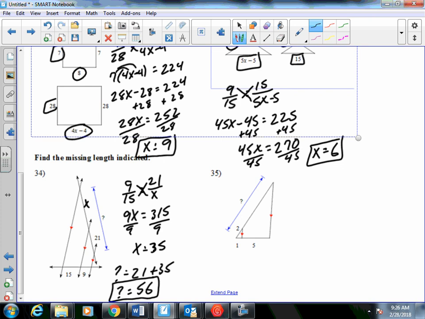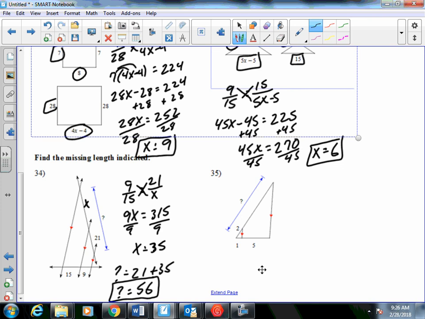And then 35, we've got a triangle with a line going through the triangle that is parallel to one of the sides. So when that happens, the parts are proportional as well.